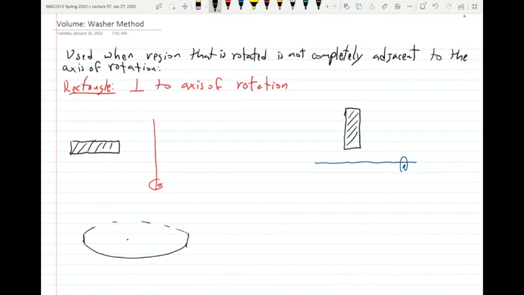And then this is something like this. Okay, the point is that there is a thickness to this.